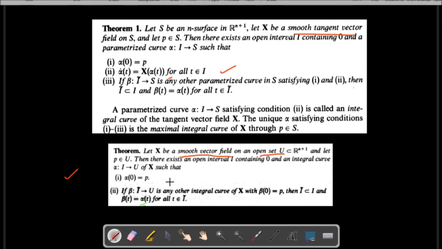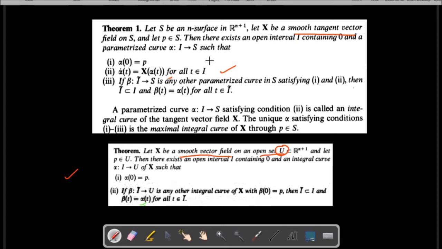How to do it? To prove this theorem, you need an open set, right? Then only you can use this theorem. Here we have an n-surface S. So first our aim is to construct an open set U that contains S. So that's what we will do first. Once you get an open set U and a smooth vector field X on this U, then you can use this theorem.